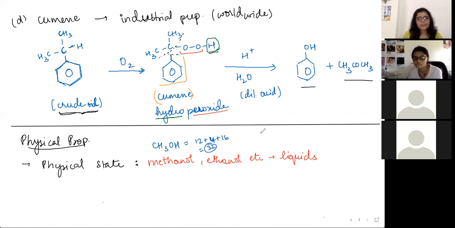Compare it to say butane. Or not even butane. Compare it to ethane. Ethane is C2H6. 24 plus 6, 30, right? But ethane is a gas, but methanol is a liquid, even though the molecular mass is comparable. So what could be the other reason why the smallest alcohols are liquids?